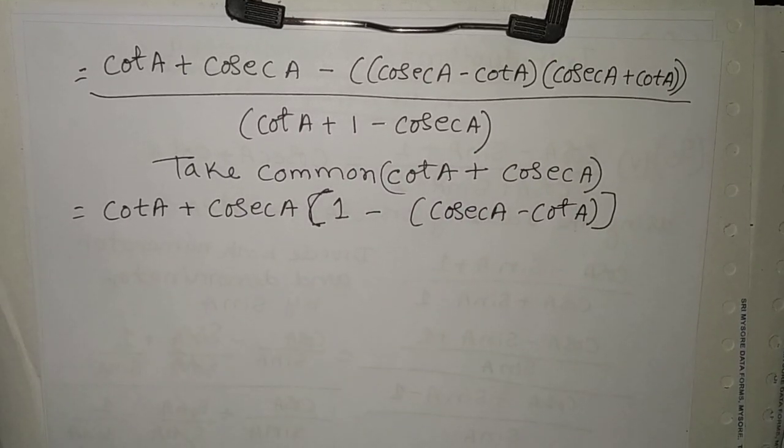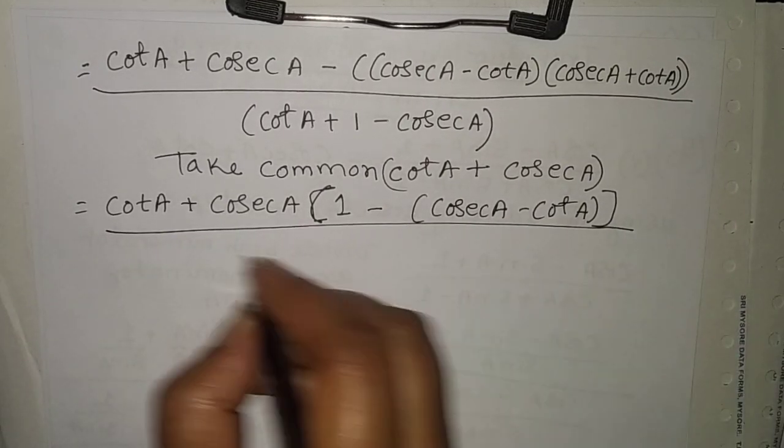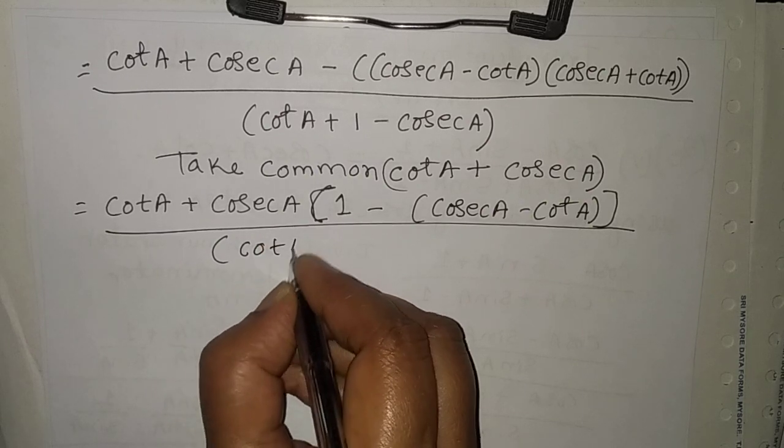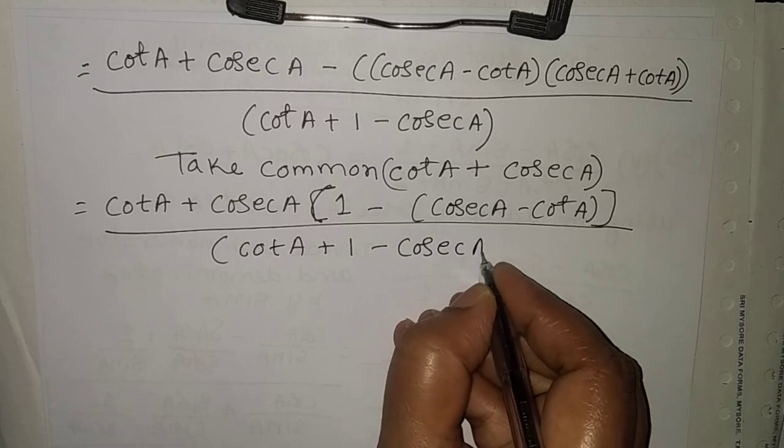Then write down the denominator as it is, cot A plus 1 minus cosecant A.